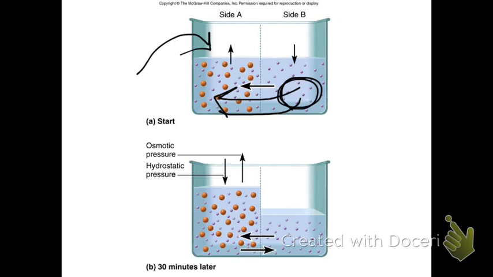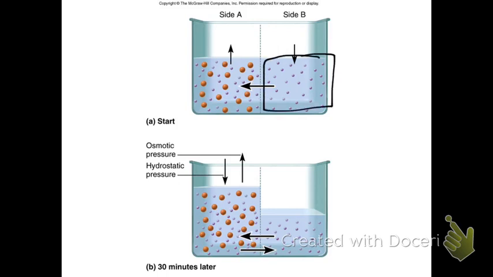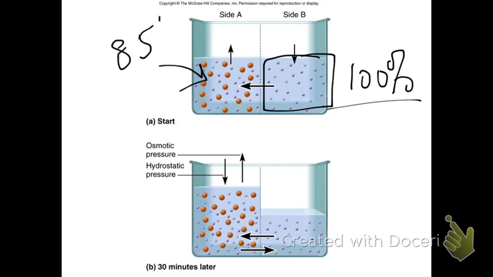Another way of thinking about this is that water is going to go from where water is in a higher concentration. Do you agree that over here on the B side, water is 100%, right? There's nothing else. So water is 100% on the B side, and over here, let's just put a number up here, it's 85% water because there's 15% of those solute molecules.